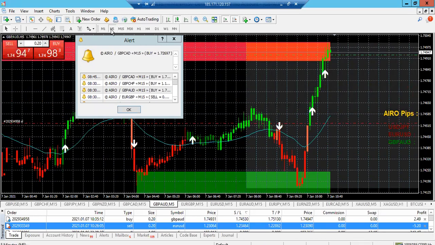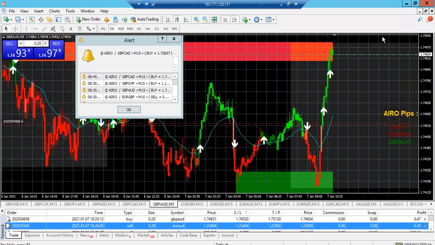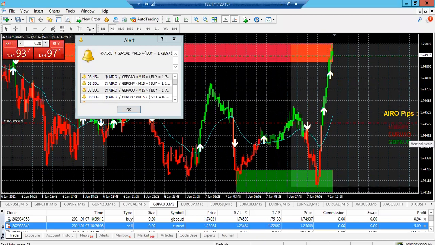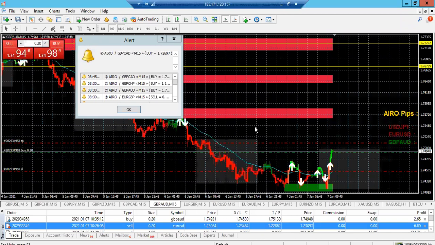Wow, on the 5 minutes, this market is on a resistance, so that's why it has not been pushing well. I noticed it. Yeah, on the 5 minutes, the market is on the resistance.